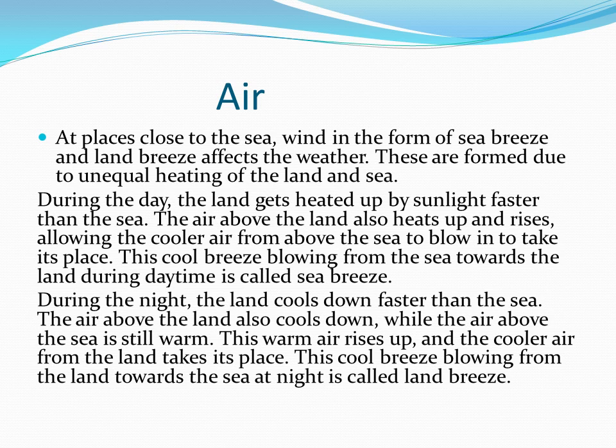The land will get heated. So the air above the land also heats up and rises. Then what happens? The air above the land also becomes hot and then rises, allowing the cooler air from above the sea to blow in and take that place.